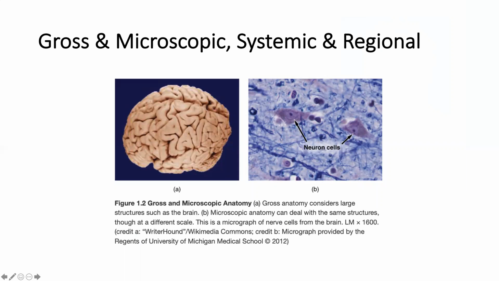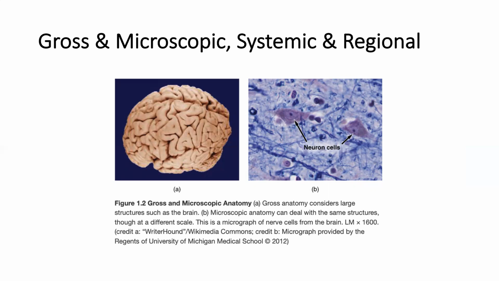Of course, in anatomy we have two portions: one is gross anatomy and the other is microscopic anatomy. Let's say we are looking at brain tissue, the brain itself; it is something we can see with our naked eye, and that is gross anatomy.